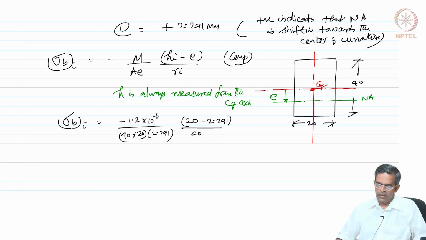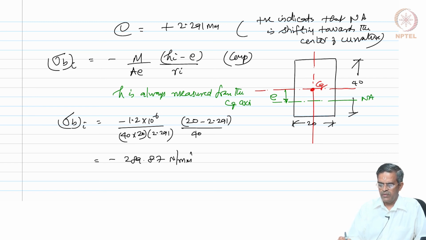So, I can get this value, which is minus 289.87, compressive.